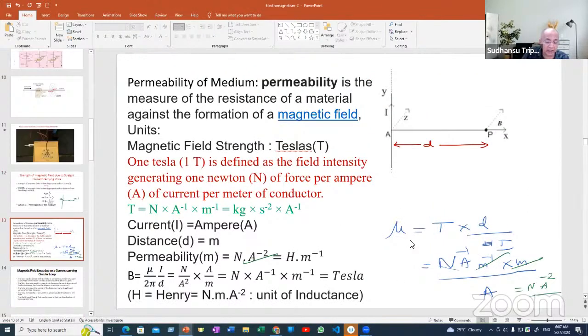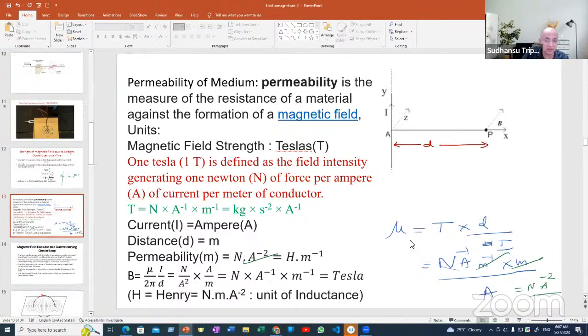Permeability is a measure of resistance that is offered by the medium to form the magnetic field. I mean, they are inversely related. The more the permeability, the less the resistance to form the magnetic field. That means the magnetic field can be formed easily. The magnetization of the medium can be made very easily.